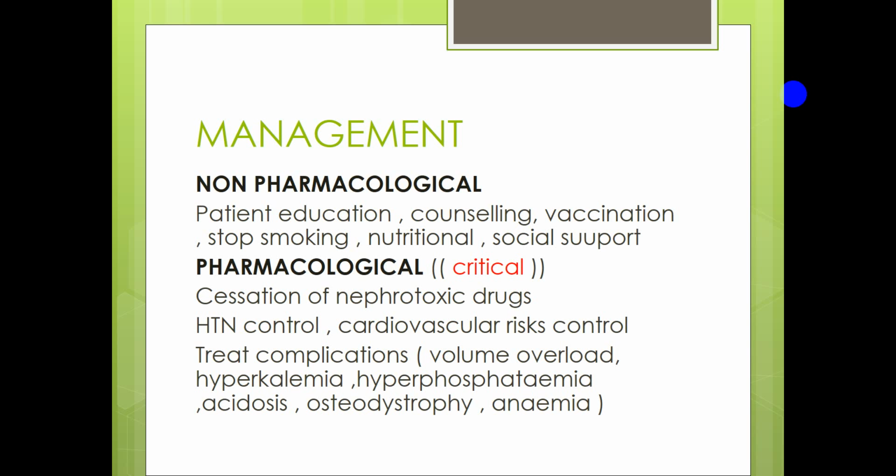The pharmacological would be cessation of nephrotoxic drugs, control of hypertension, control of cardiovascular risk, and treating the complications: volume overload by Lasix, hyperkalemia, hyperphosphatemia by phosphate binders, acidosis by bicarbonate, osteodystrophy by calcium and vitamin D, and anemia by iron and EPO.